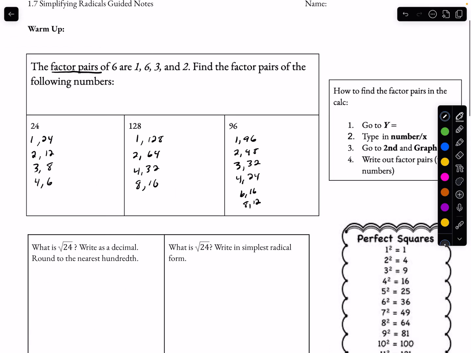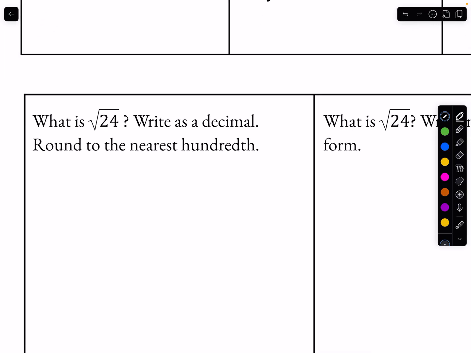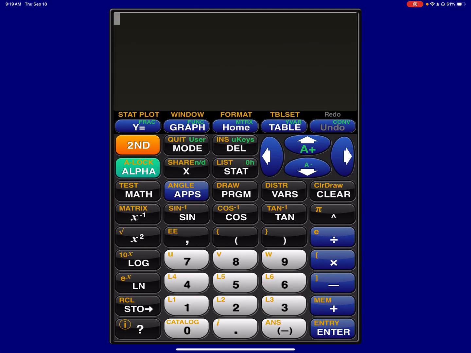Now, it's important to do that because we're going to simplify the square root of 24. So what is the square root of 24? On our calculator, we could just type that in: second x squared, and I get the square root of 24. You see it's an irrational number, meaning it's a non-terminating decimal.